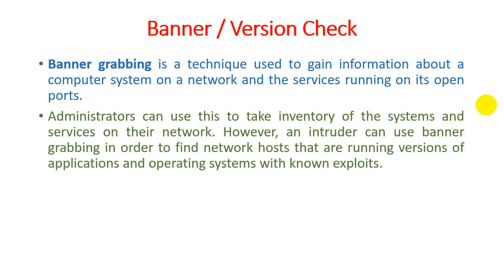An administrator can use this to take an inventory of the systems and services on their network. However, an intruder or hacker can use banner grabbing to find network hosts running versions of applications and operating systems with known exploits.